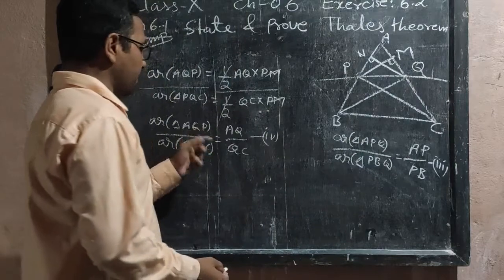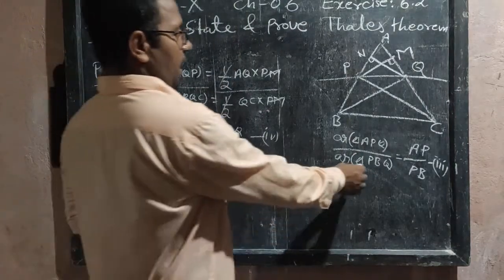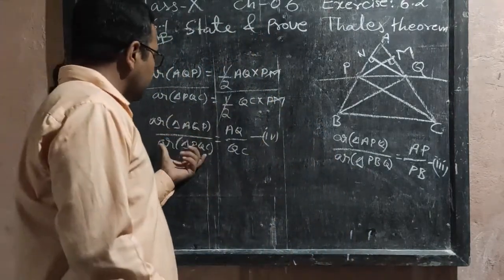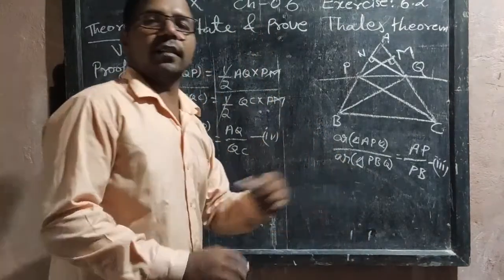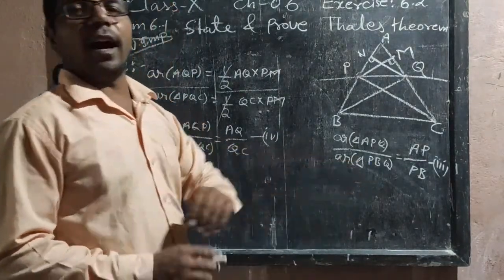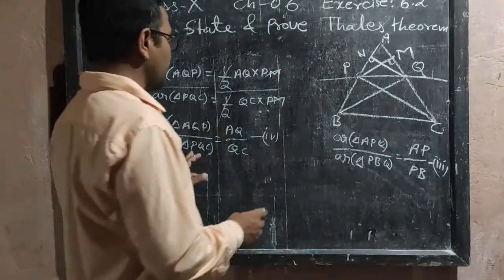Area of triangle APQ is the same area in both, but area of triangle PBQ and area of triangle PQC are different. That means the denominators are different, so we have to make them equal.